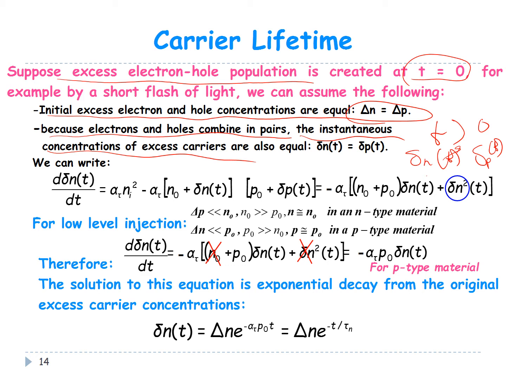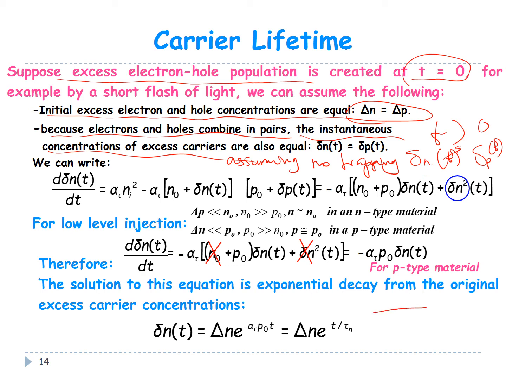And because electrons and holes combine in pairs, the instantaneous concentrations of excess carriers are also equal. But I should add that this assumes no trapping, because once you have trapping, then it's a different case altogether.